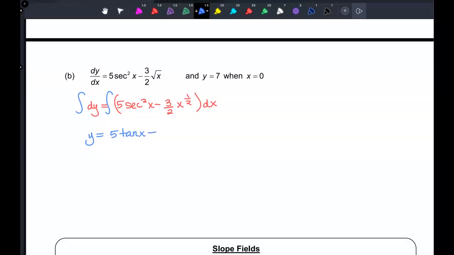No, there's no u substitution here. What's the antiderivative for secant squared? Tangent.